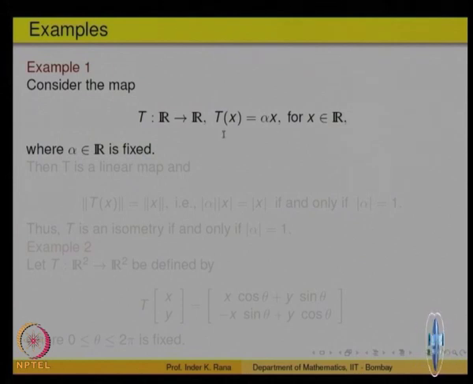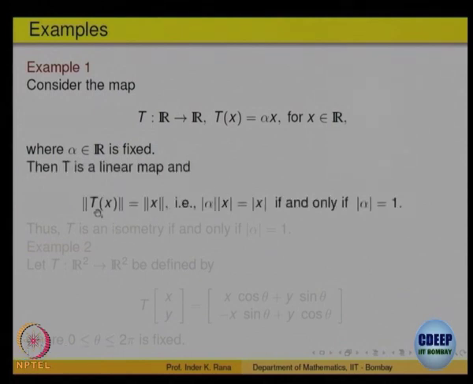So, consider the map from R to R. R is a vector space over itself, with addition and scalar multiplication. So, look at alpha times x, that is a magnification in R. The claim is this is a linear map, obviously, since T of x plus y is alpha times x plus y. We want to find out for what alpha it is an isometry. If it is an isometry, what should happen? Norm of Tx must be equal to norm of x, but what is Tx?